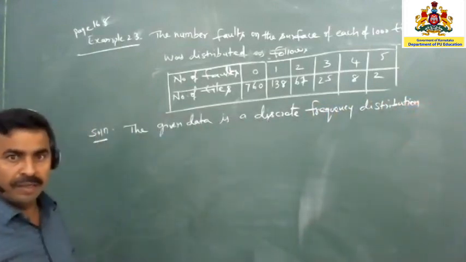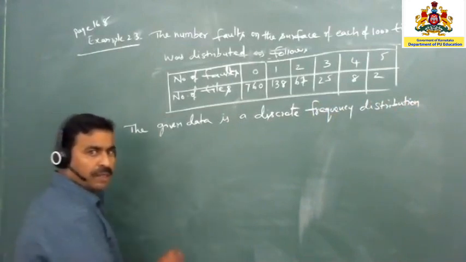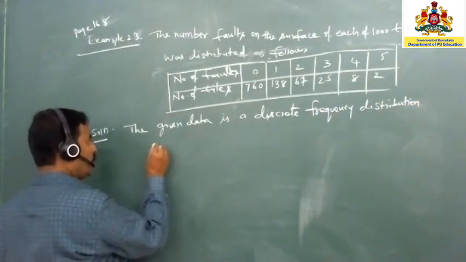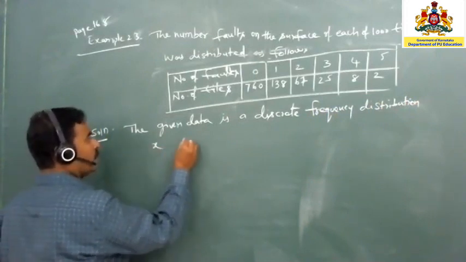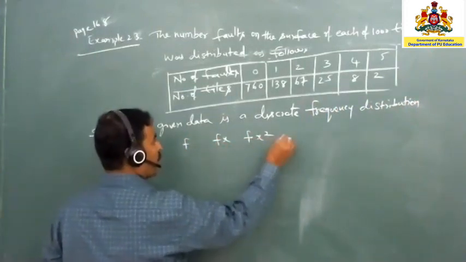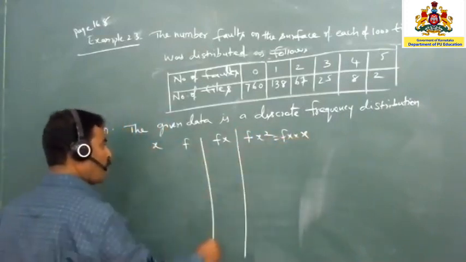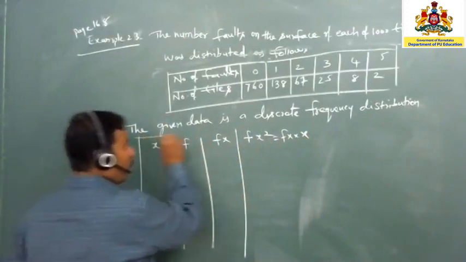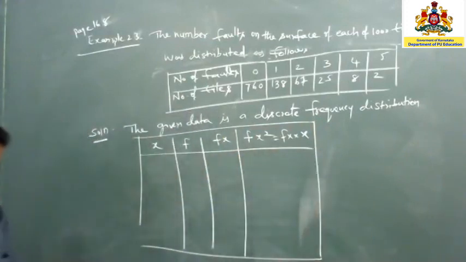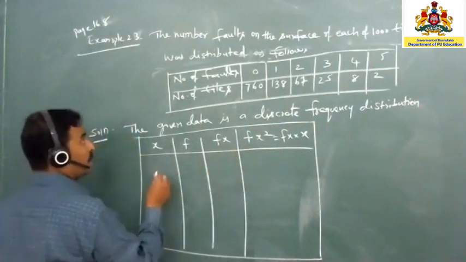For that, frame the table with 4 columns: x, f, fx and fx square. Fx square means fx into x. Or you can write x square also, then multiply with f. Fx square is the fx column again into x.